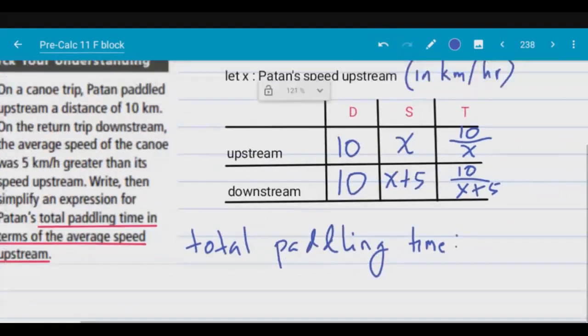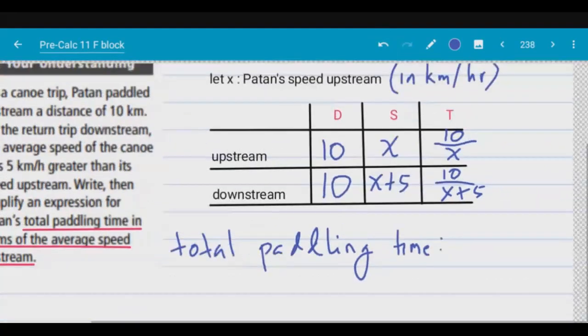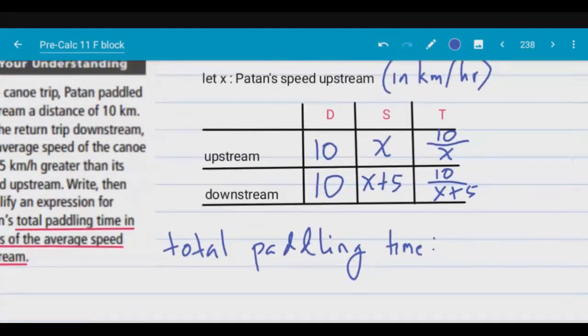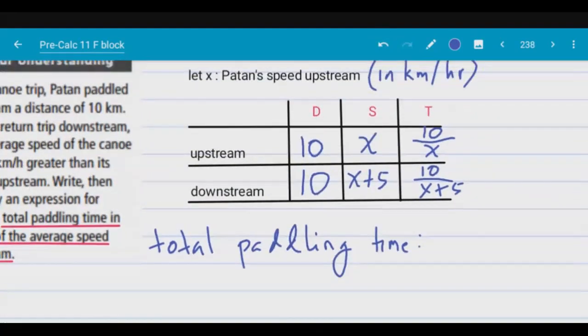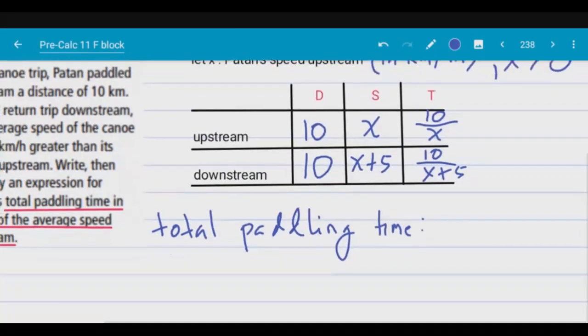Oh, by the way, since our x is talking about speed and that it's in real life, we already know that our x has to be greater than zero. So the total paddling time would be 10 over x plus 10 over x plus 5.